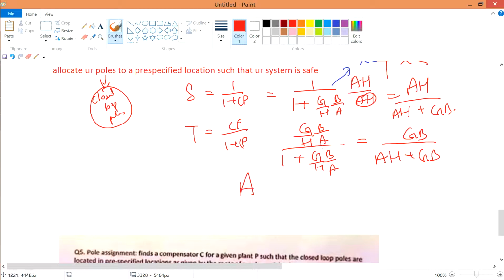Instead of AH, I can say that it's A naught H, because the plant is B naught over A naught, strictly speaking. So therefore I'll just write A naught H plus B naught G. It's GB, also written as B naught G. It's equal to your ACL, your Diophantine equation.